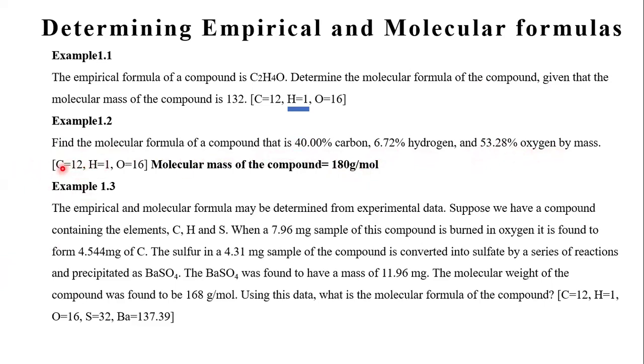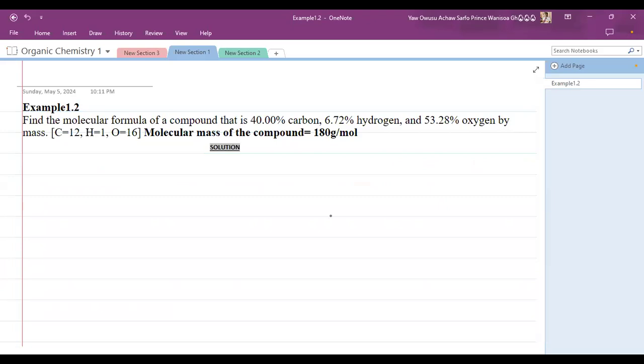The atomic masses have been given: carbon is 12, hydrogen is 1, oxygen is 16, and the molecular mass of the compound is also given as 180 grams per mole. So in this question, we will find the molecular formula for example 2.